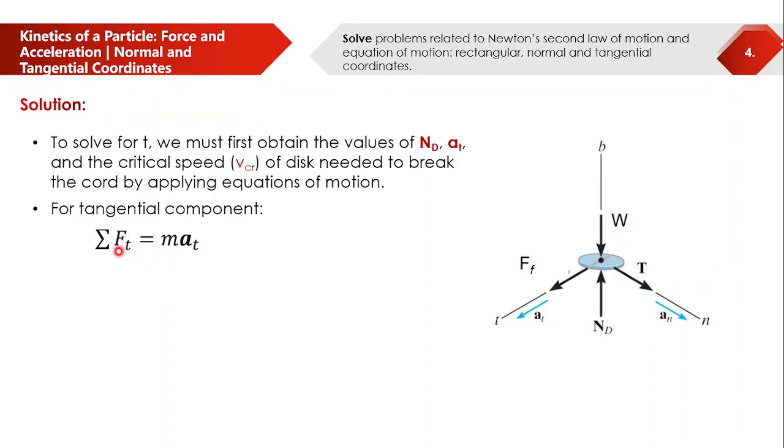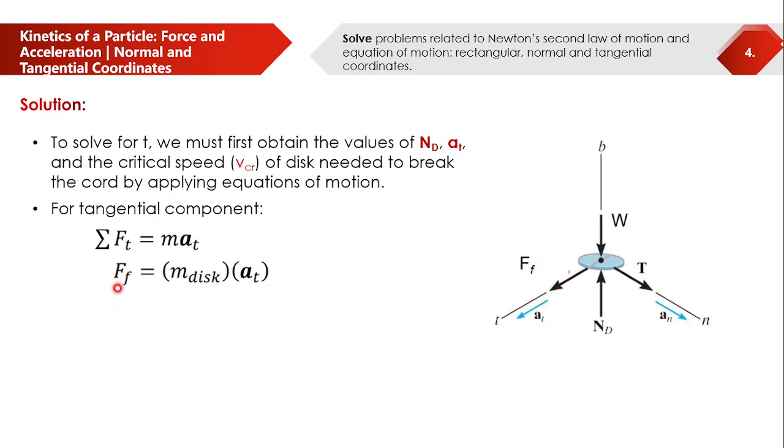So, it will be all forces along the tangential component or coordinate be equal to mass times the tangential component of the acceleration. That will be the friction force only. No? Ito lang yung nag-act sa tangential component. Okay?